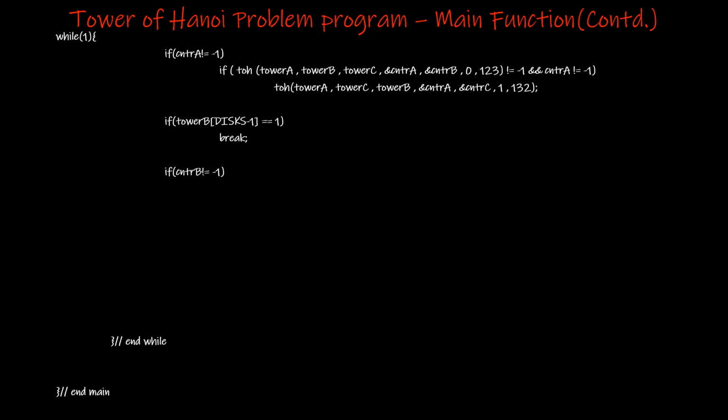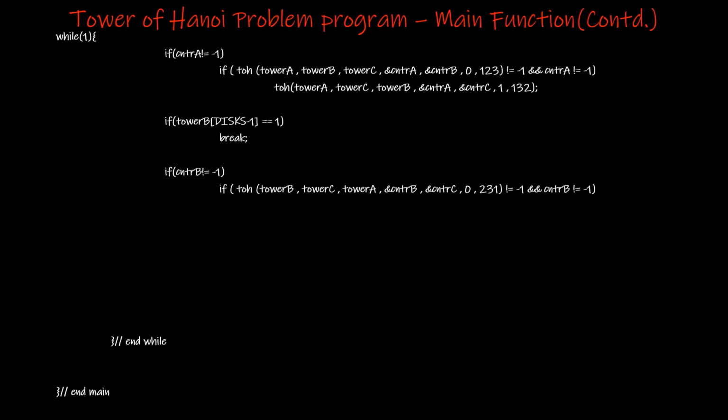If counter B is not equal to -1, that means we first check that the final arrangement was not reached, and now we have to shift our focus to tower B, and then do a transfer if possible from tower B to tower C or even to tower A, right?